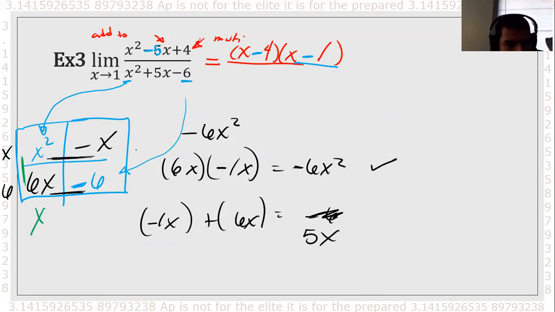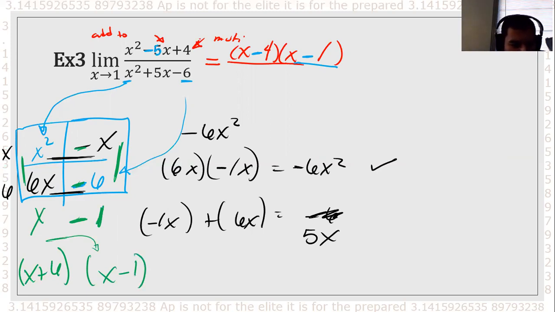Just an x. And vertically, what do these guys have in common? Negative for sure, right? But that's all I can see, so therefore it's a 1. So this right here, they're both positive, so it's going to be x plus 6. And this right here is going to be x minus 1.